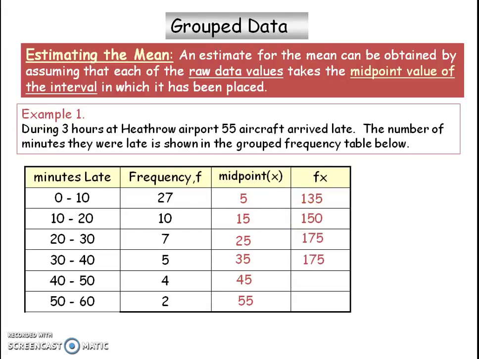In this way, we will get all the frequency values multiplied with their midpoints, and this is the column of f and x. My total frequency for this column, which is given here, 27, 10, 7, 5, 4, 2, is 55, and my total of frequency multiplied by midpoint column will be 925.